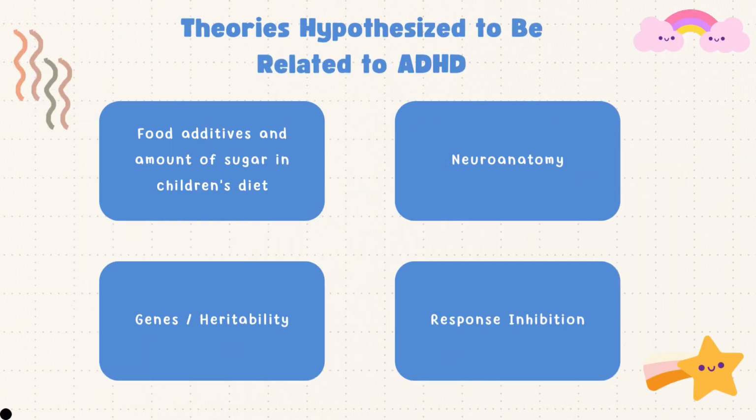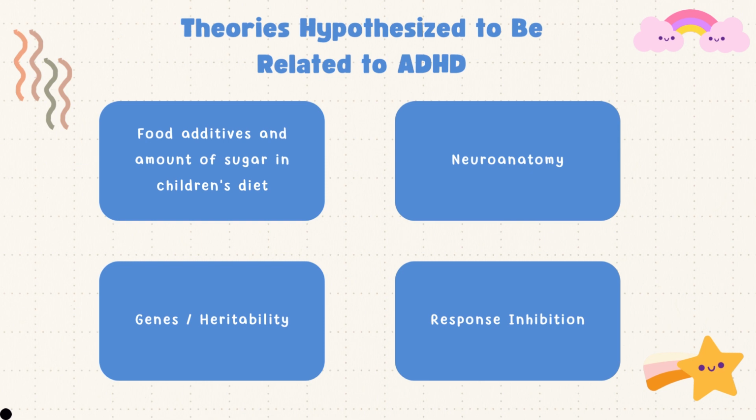There are theories that are hypothesized to be related to ADHD. So, there is this popular literature that suggested that ADHD is related to food additives and the amount of sugar in a child's diet. However, the National Institutes of Health concluded that there is no evidence that diet is responsible for the onset of ADHD.